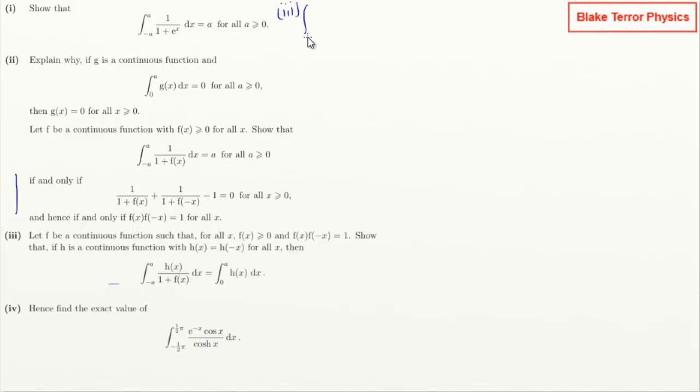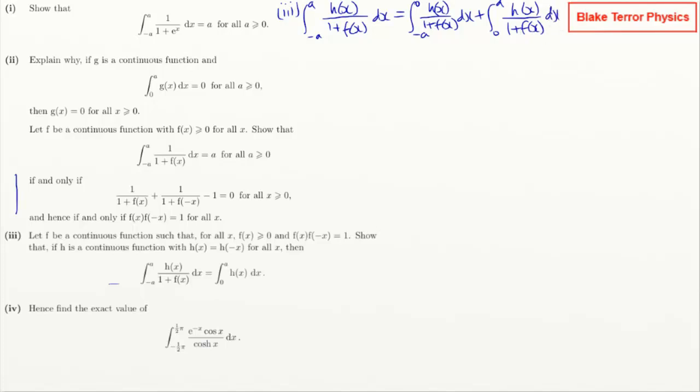So let's say then the integral from minus a to a, h of x over 1 plus f of x dx is going to be then from minus a to 0, h of x over 1 plus f of x dx, and then from 0 to a, h of x over 1 plus f of x dx.